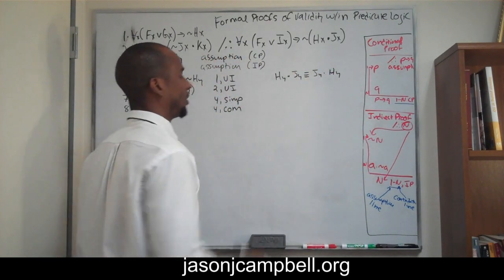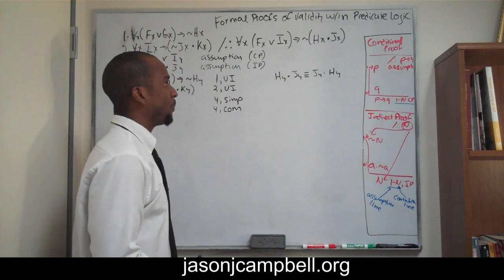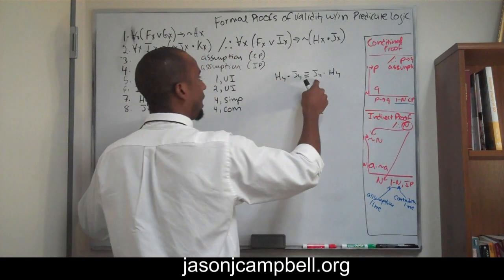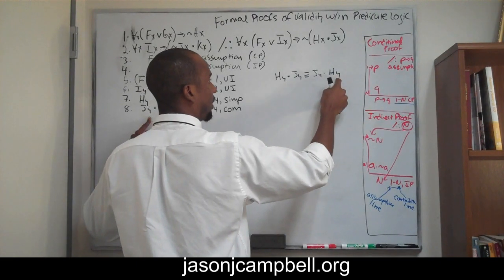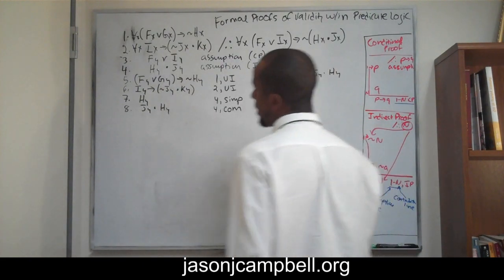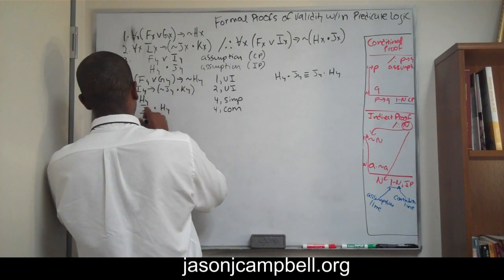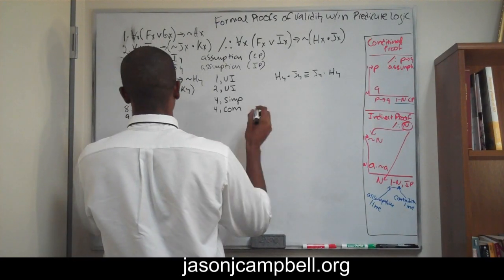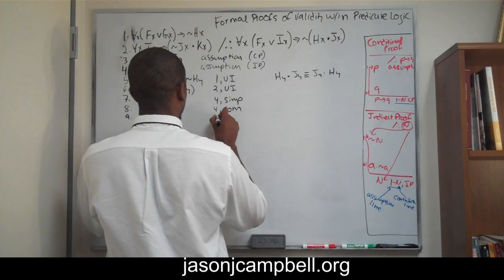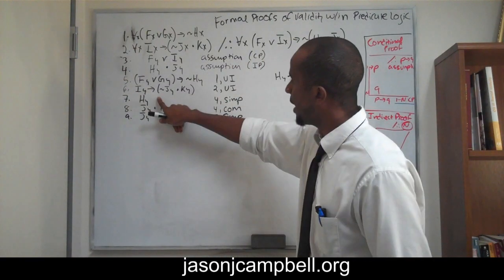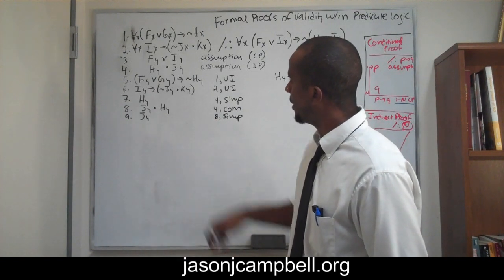In order to get the JY by itself, we need it in the position of P and Q, and then we simplify, right? So line 9, we can now get JY, and that is simp on line 8. Okay, so we've isolated HY, we've isolated JY.